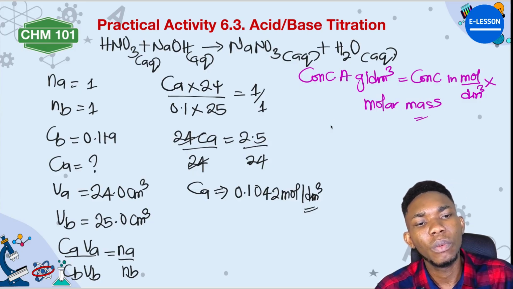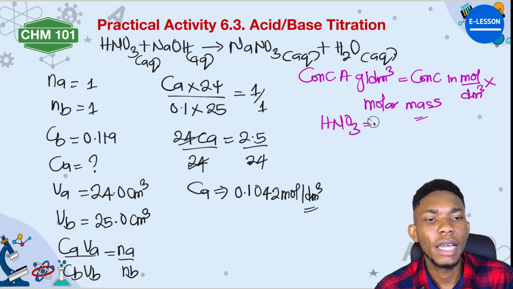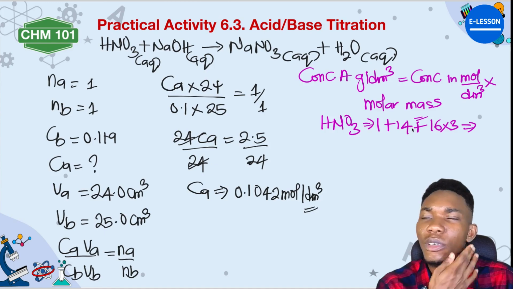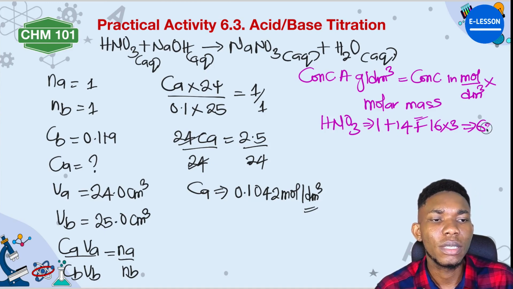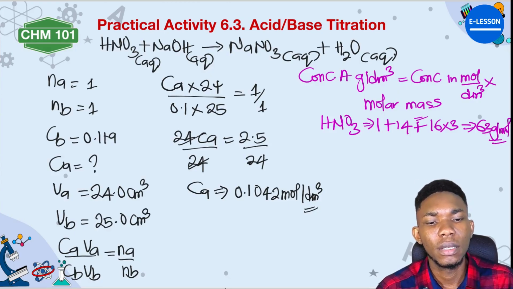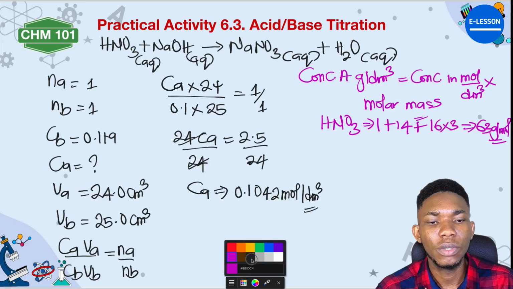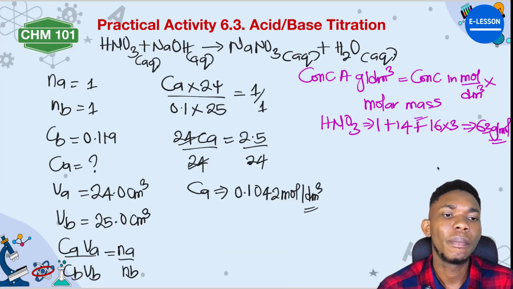Now, HNO3, what is the molar mass of HNO3? Hydrogen is 1, nitrogen is 14, oxygen is 16. So we have 16 times 3, which is 48, plus 14 will give us 62. 62 plus 1 will give us 63 gram per mole. All right? So that's the molar mass of HNO3, 63 gram per mole.